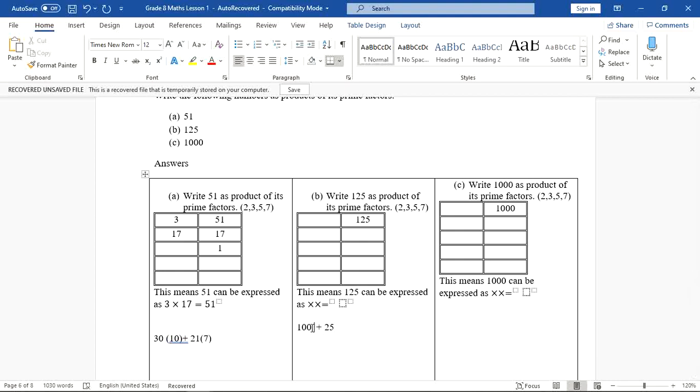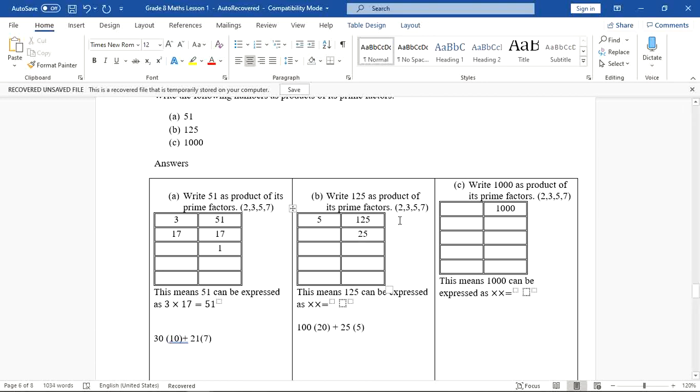Can 5 go into 100? Yes. How many times? 20 times. Can 5 go into 25? Yes. How many times? 5 times. Meaning that 5 can go into 125 20 plus 5, which is 25 times.